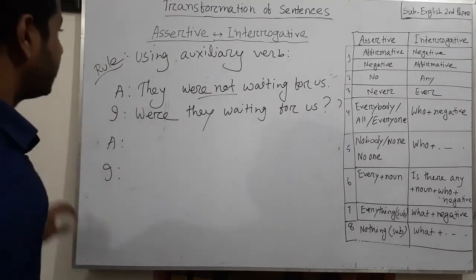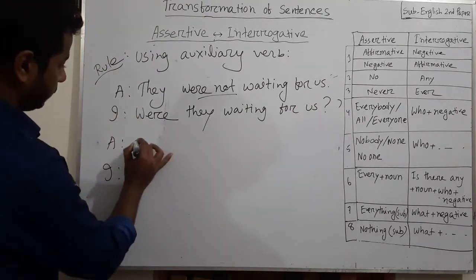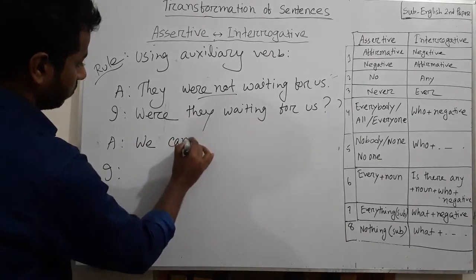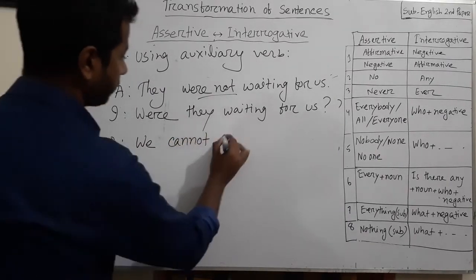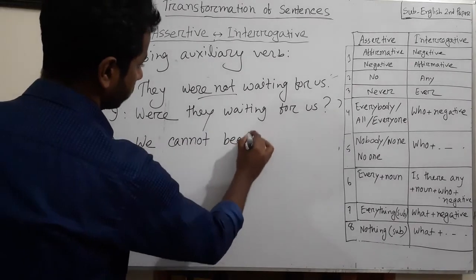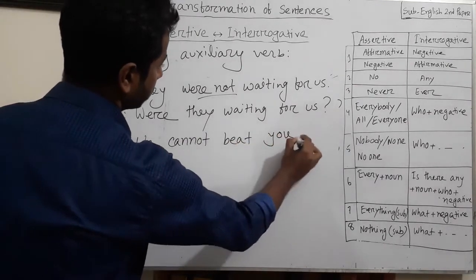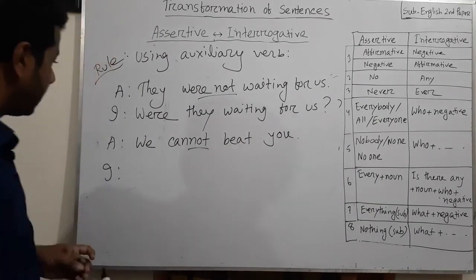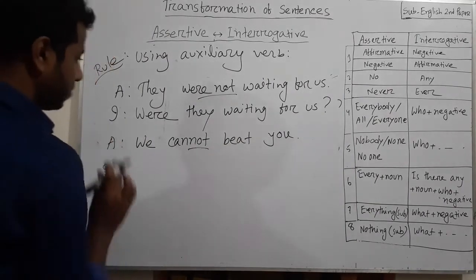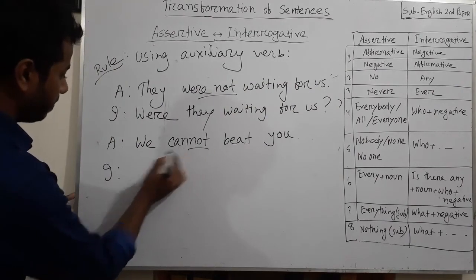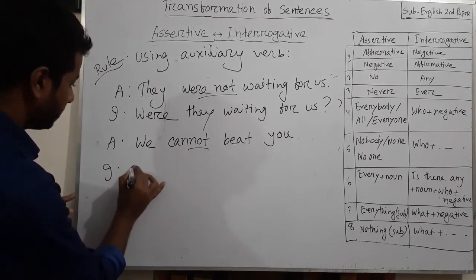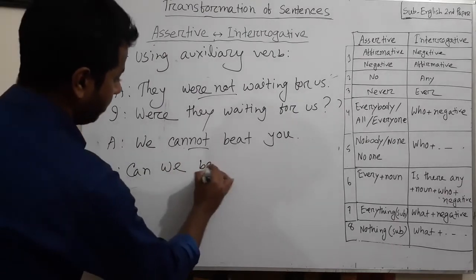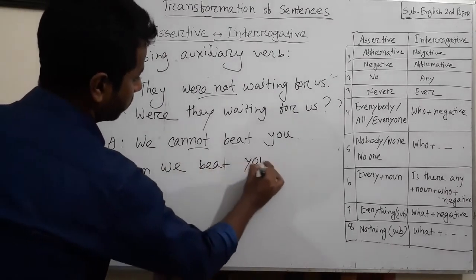Okay, another example: we cannot beat you. So here it is a negative form, then interrogative sentence will be affirmative form and auxiliary verb will be before the subject. So, can we beat you?